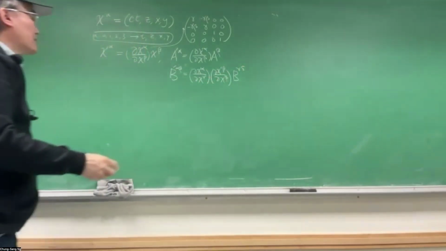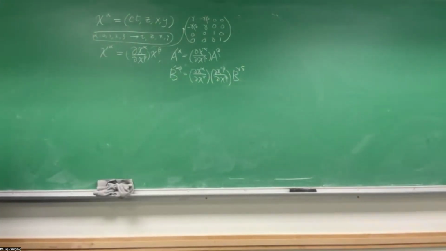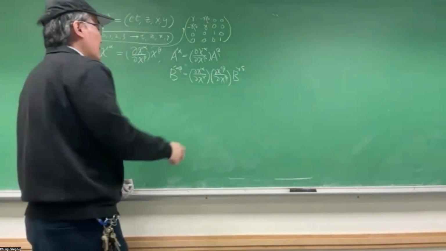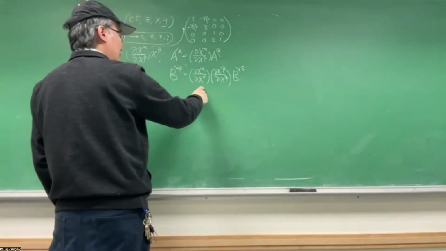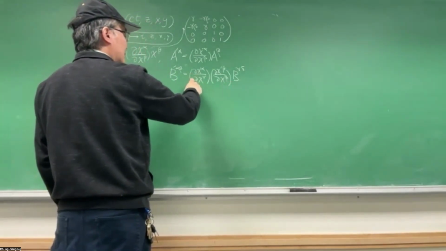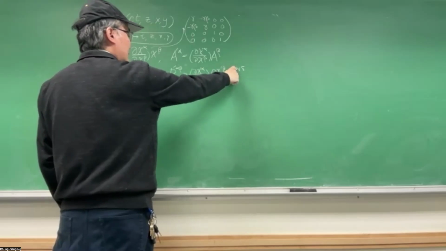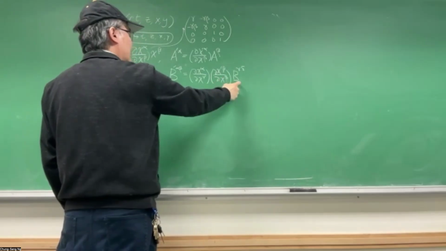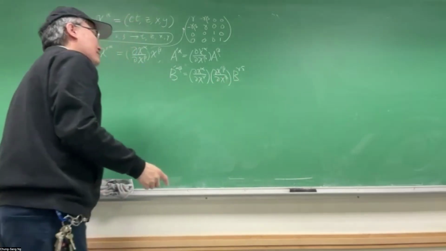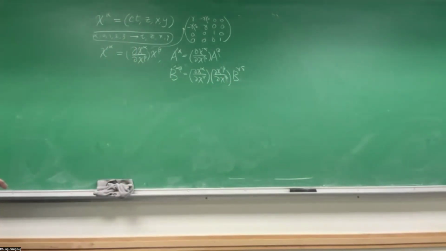So you have two matrices. This is also like matrix multiplication, but this matrix multiplied by this one and then multiplied by that, and we reverse the order of these two, and that becomes the matrix multiplication.